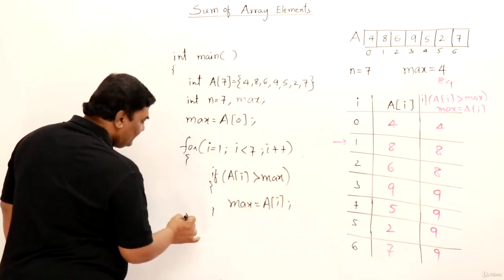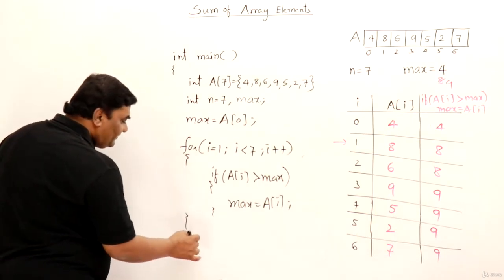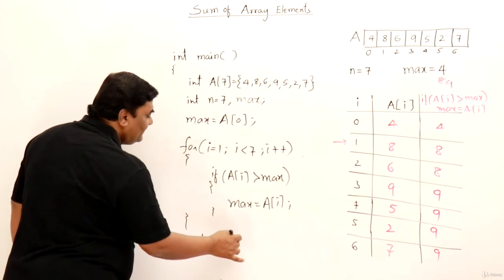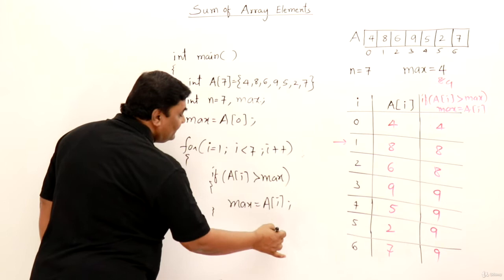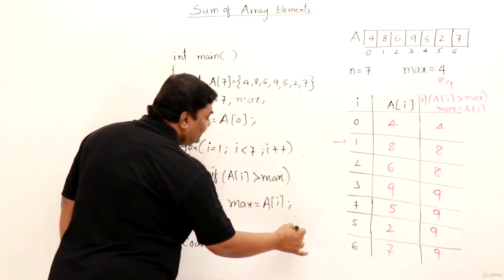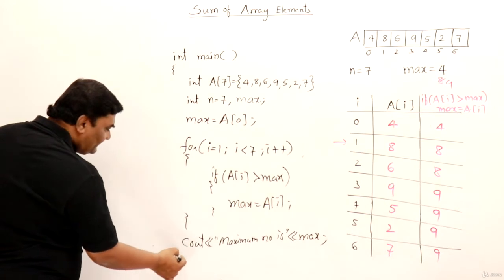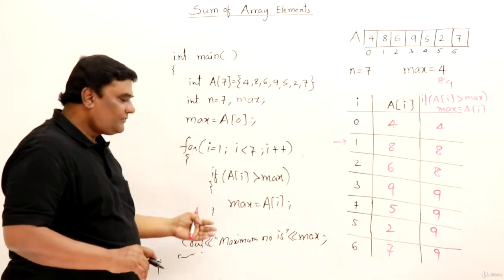That's all. This is the only thing that we'll be doing inside the for loop. Then afterwards, print maximum number is, the value that we got in max. That's it. And then return 0, you know well, close. So this is the program for finding maximum.